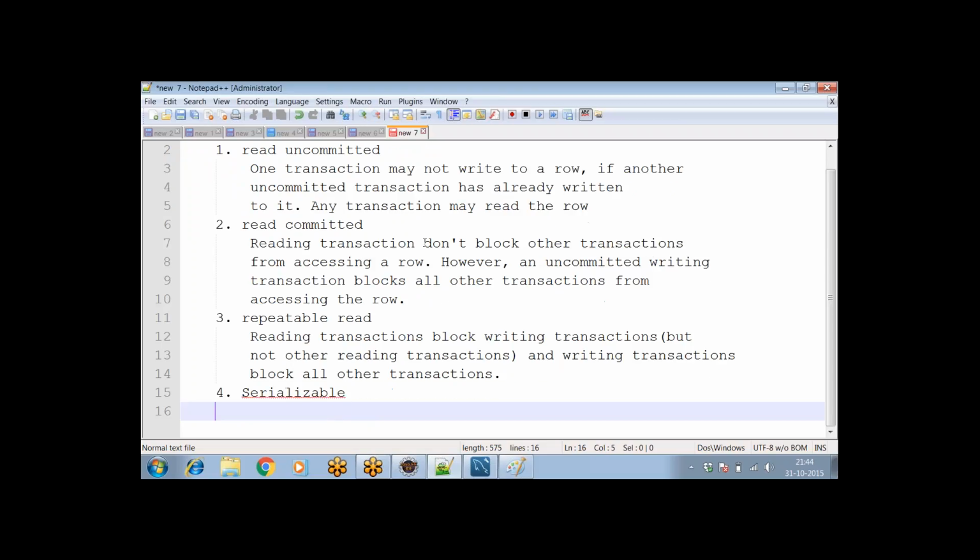Serializable is the strictest isolation level, I can say.